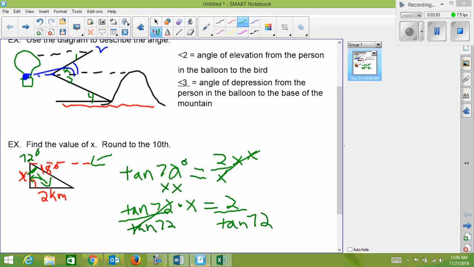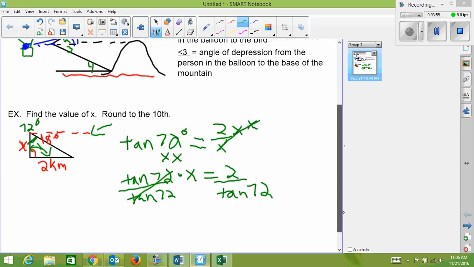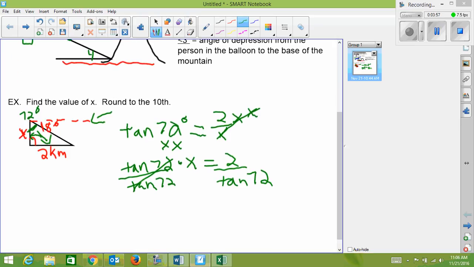To be able to do that, when you punch it into your calculator, you're just going to punch in exactly that. You're going to hit your tangent button. On your calculator it's going to look like this: tan, parentheses, you're going to type in 72 there. Oh, I take that back. We need to do the 2 first, right? 2 divided by tan, parentheses, 72, parentheses.